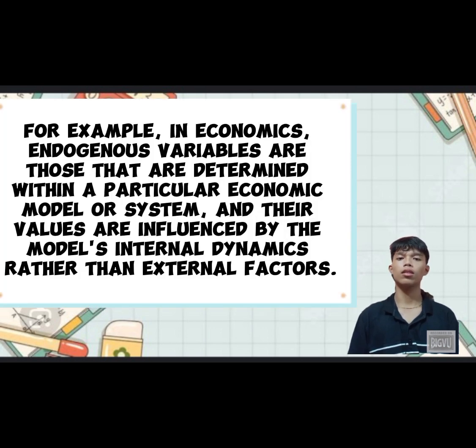For example, in economics, endogenous variables are those that are determined within a particular economic model or system, and their values are influenced by the model's internal dynamics rather than external factors.